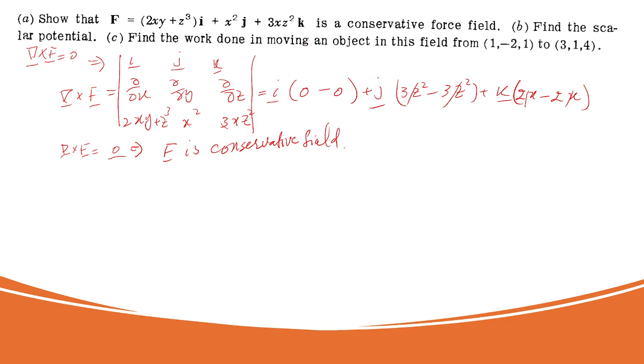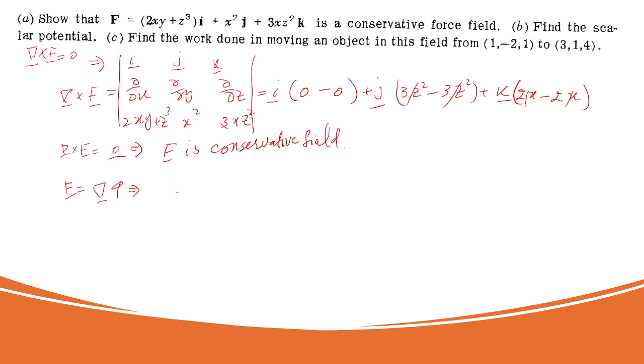Okay, second question, find the scalar potential. Now we studied earlier that if F is conservative, it can be put as the gradient of phi.